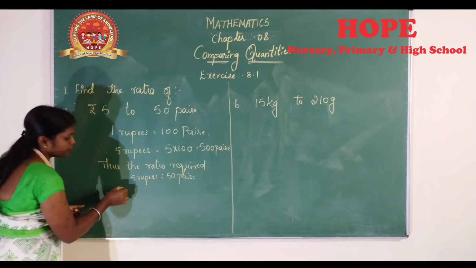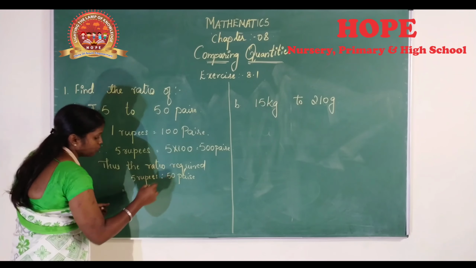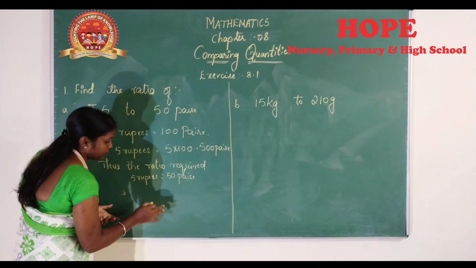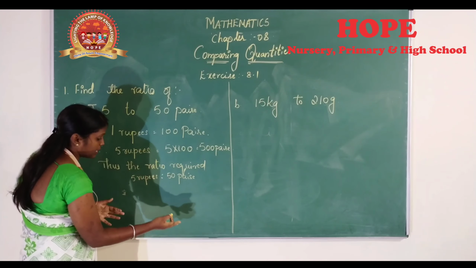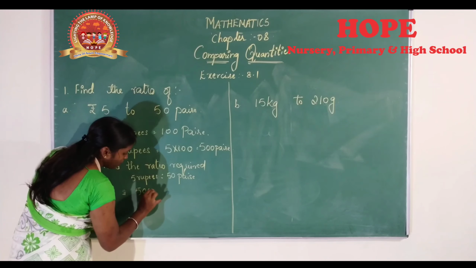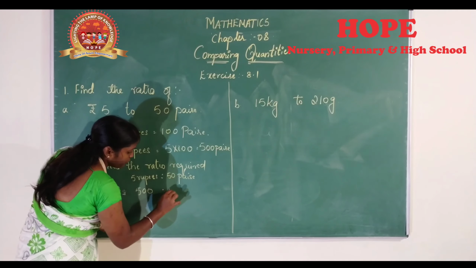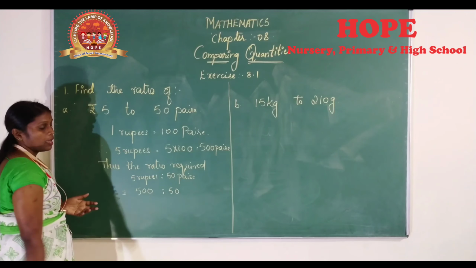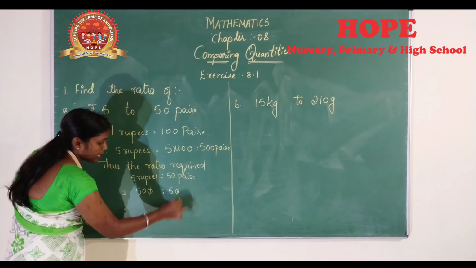Substituting the converted form, 5 rupees becomes 500 paise, so it is 500 to 50 paise.